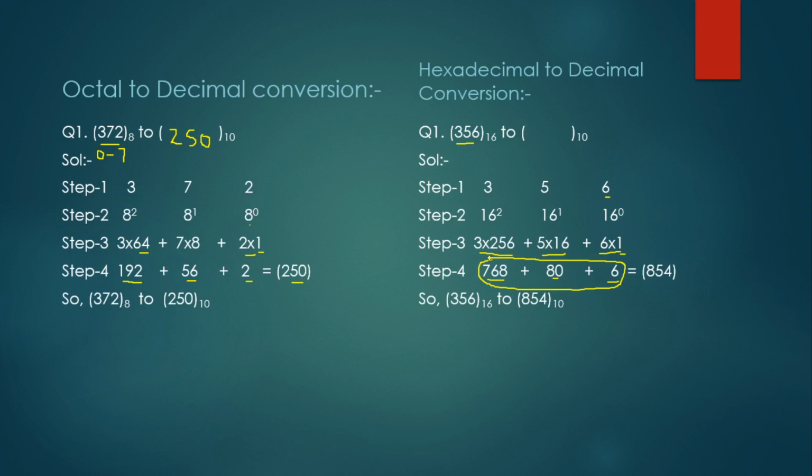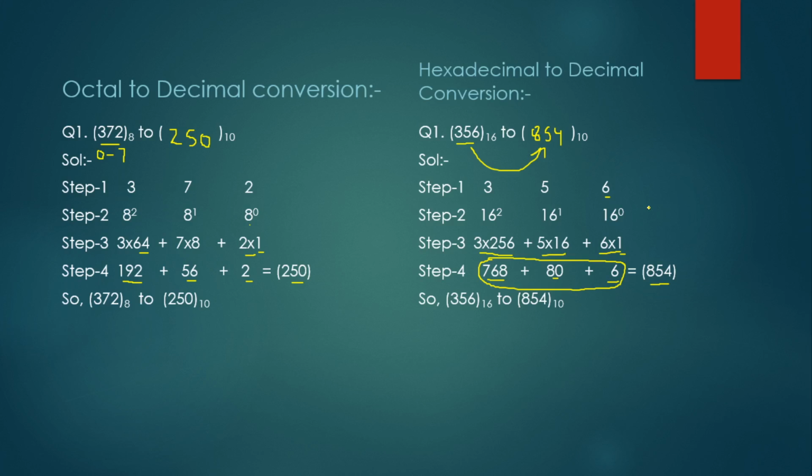When you add these numbers you will get 854. Okay, so the corresponding decimal number of this hexadecimal number will be 854. This is your final result.